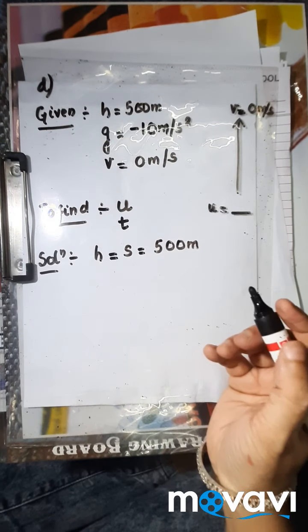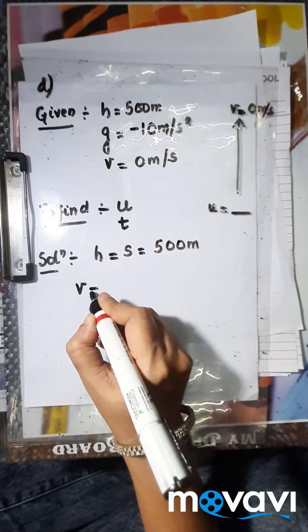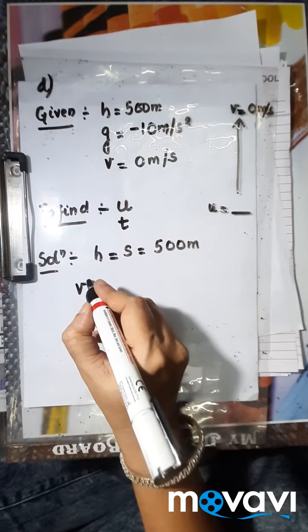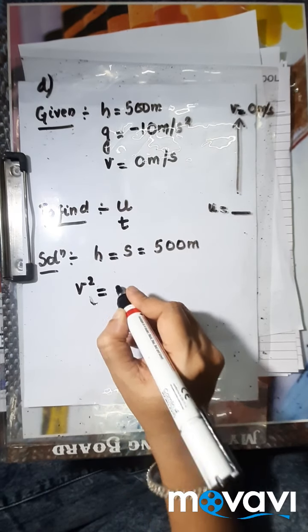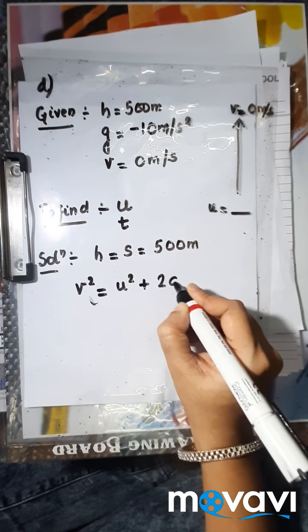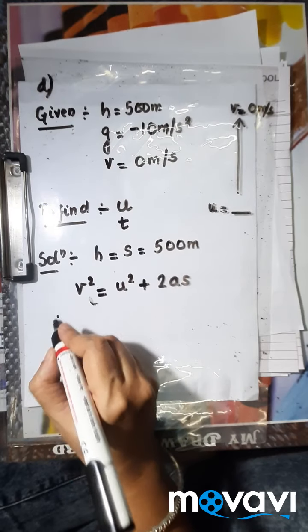So we at least have a v now ready. Now which formula will you use? You have s, so can I use the formula v square is equal to u square plus 2as.